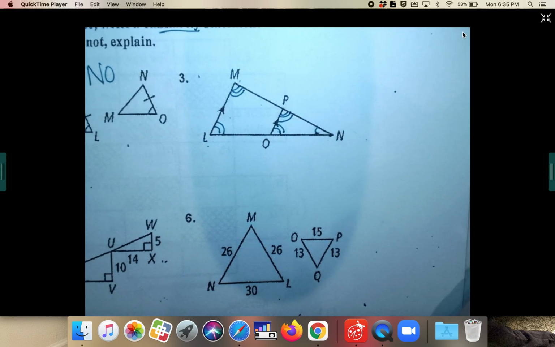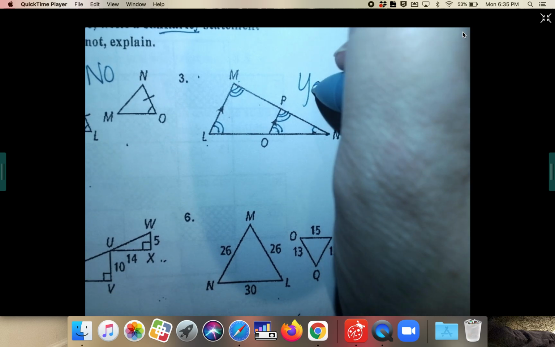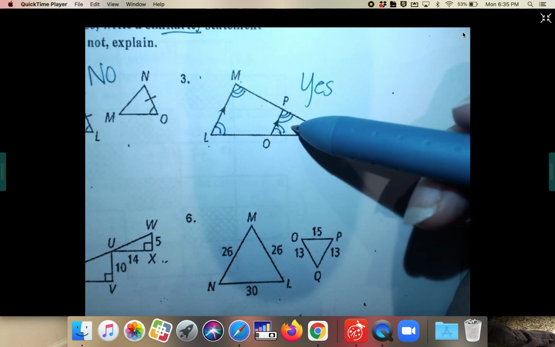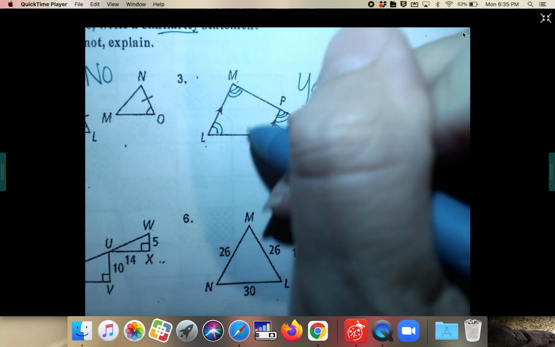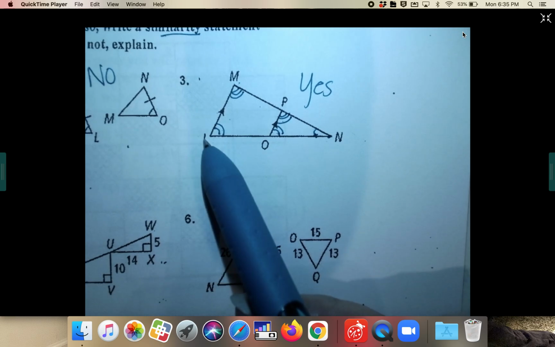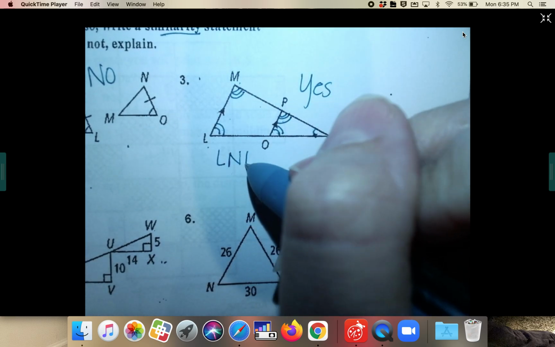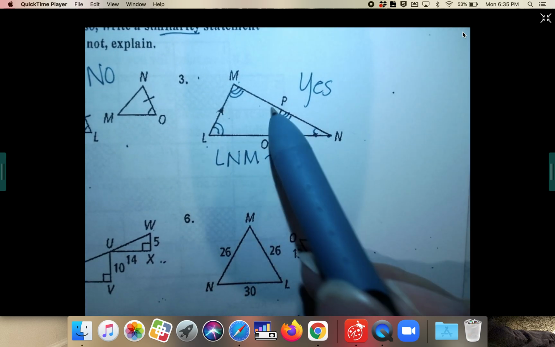So these two would definitely be similar because you've got the reflexive angle up here plus the corresponding angles from the parallel lines. Okay, so this is yes, and I would say maybe LNM is similar to ONP.